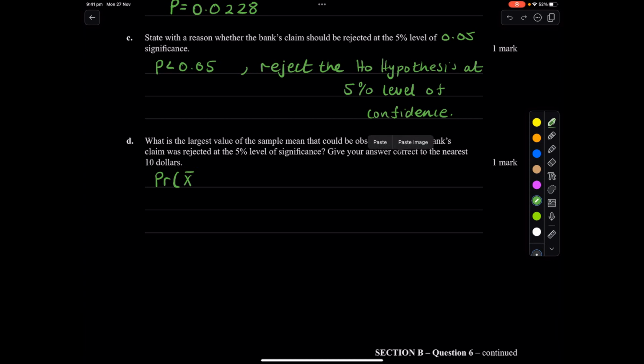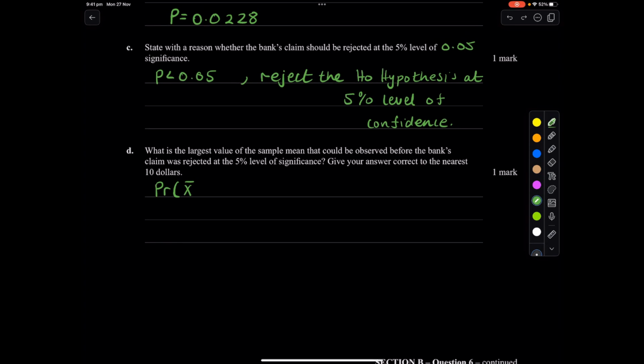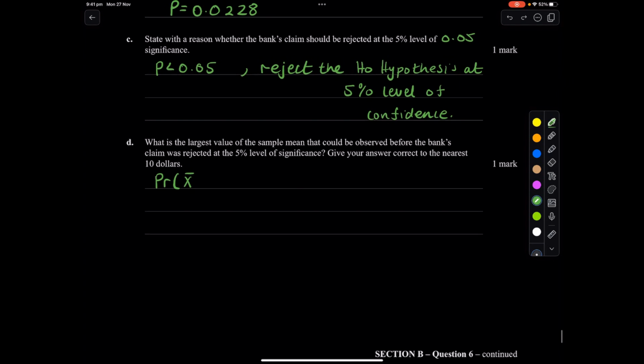What is the largest value of the sample mean that could be observed before the bank's claim was rejected at the level of significance? If we want the largest value, we're trying to find the mean.